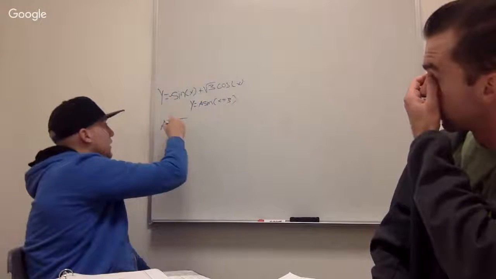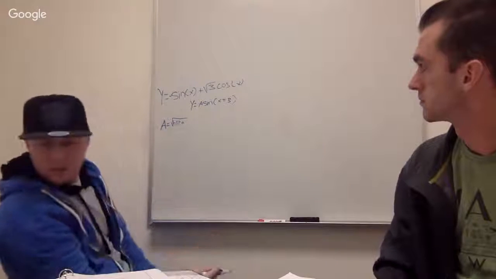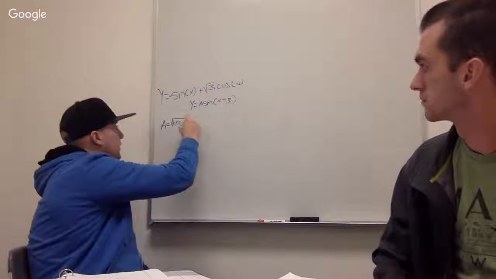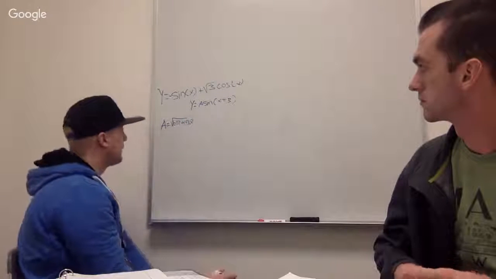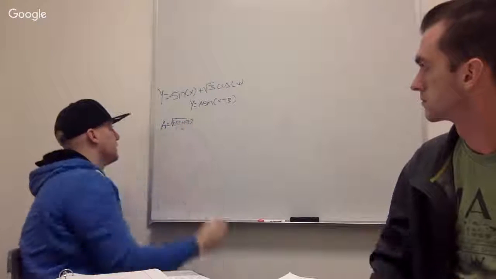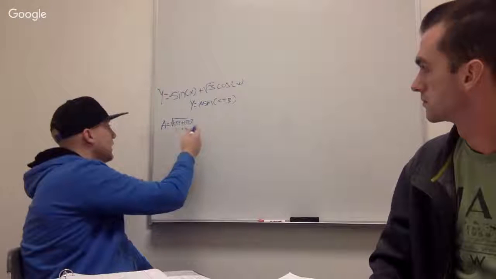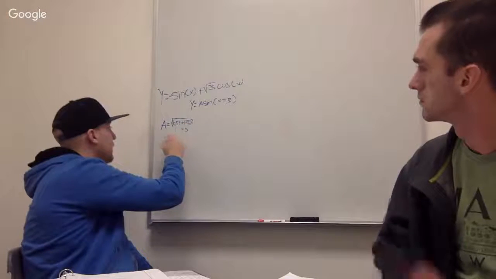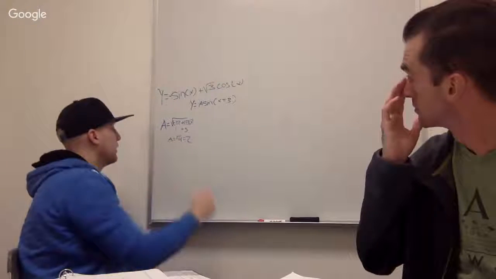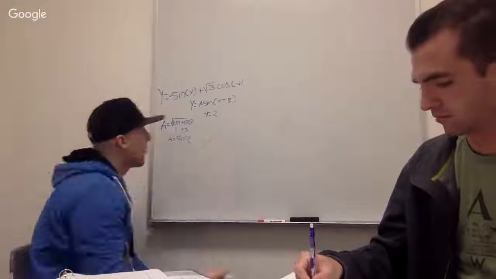So sine's is -1 squared plus root 3 squared. All right, so we end up getting 1 plus 3 really, so we get a equals square root of 4, which equals 2. So now we go y equals 2.